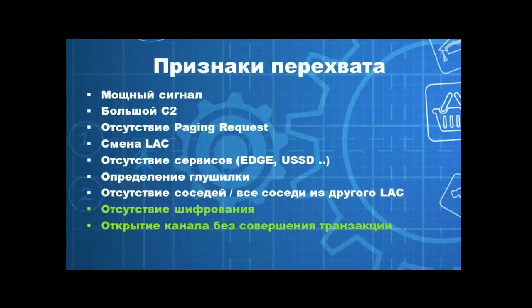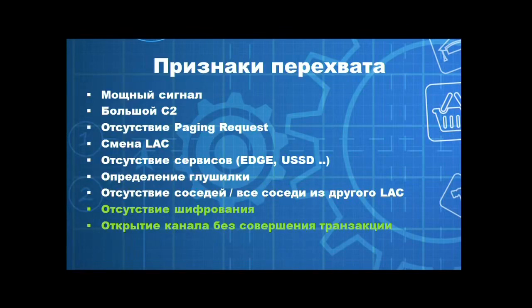How can we find such virtual base stations? There are some signs. We can look into the network, and they will be seen. And there's also a more complex authentication algorithm, and there are some special features. What I described so far is a simplified model.